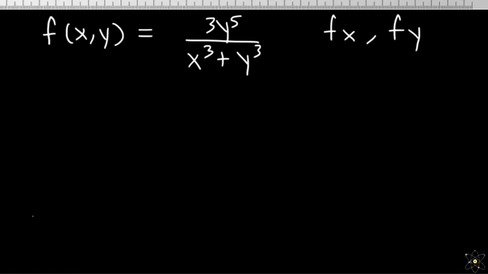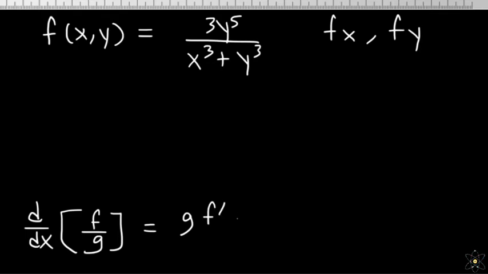If you recall, let's say if we wish to differentiate f divided by g, where f and g are both functions that contain variables. It's going to be g f prime minus f g prime over g squared.